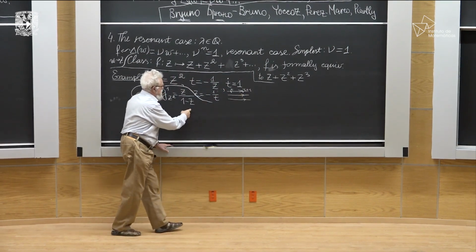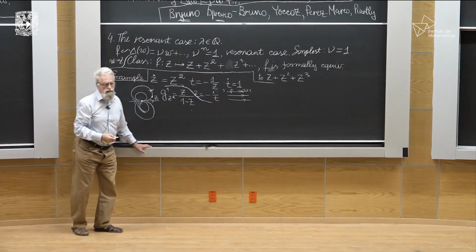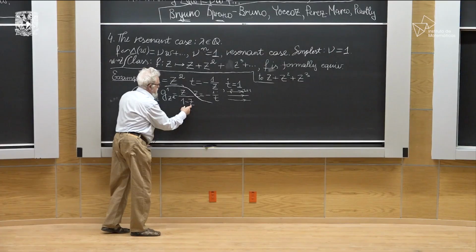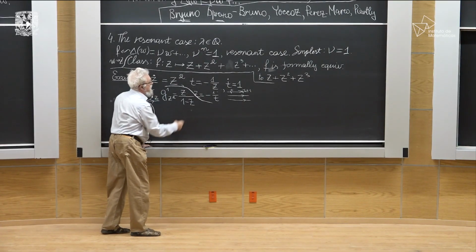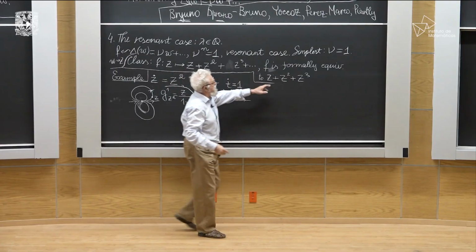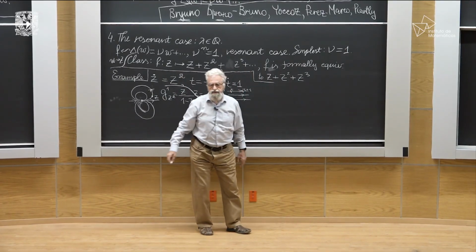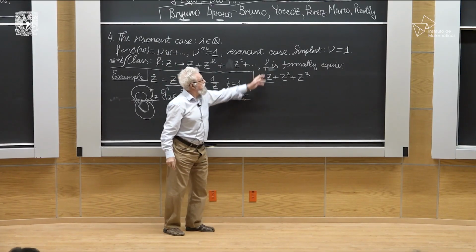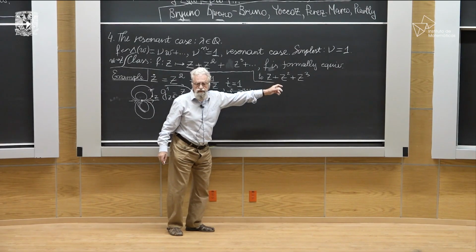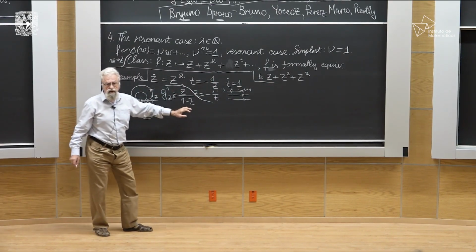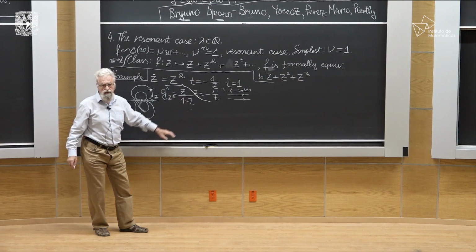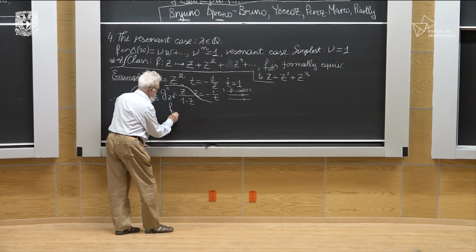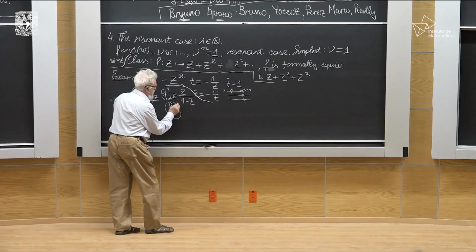And this coordinate change brings it to this transformation. If you decompose this transformation into the Taylor series, you will get z plus z squared plus z cubed plus and so on. So this transformation, if you believe this, is formally equivalent to this. But it is a much better representative of the formal equivalence class. So this is what I will call F0.